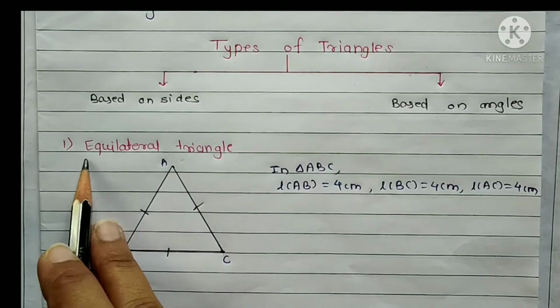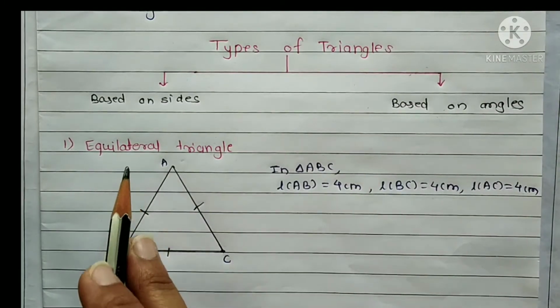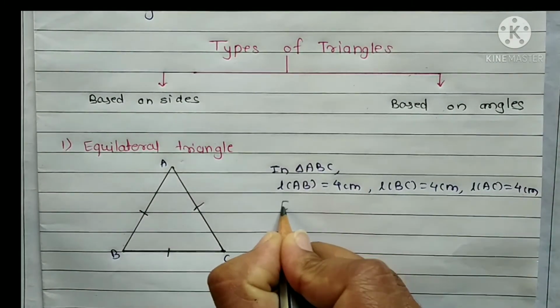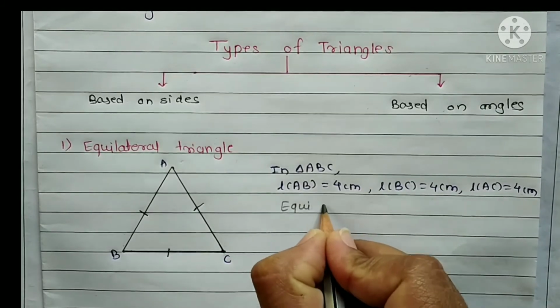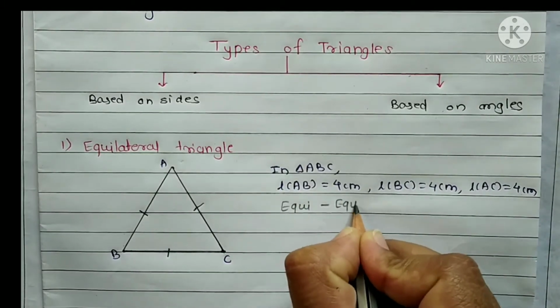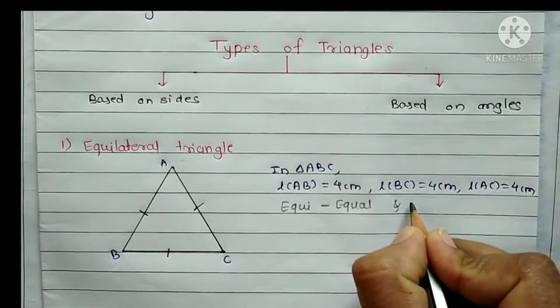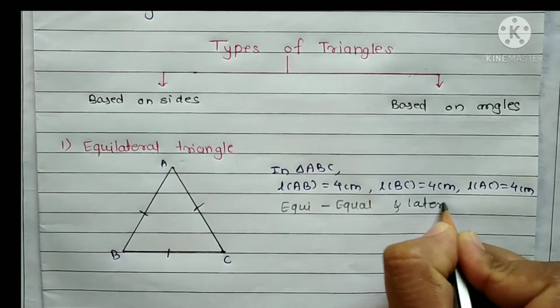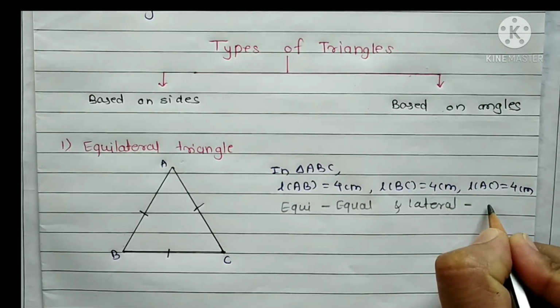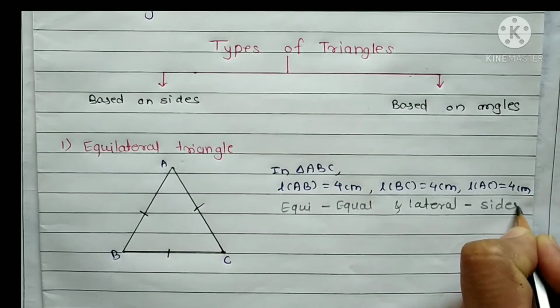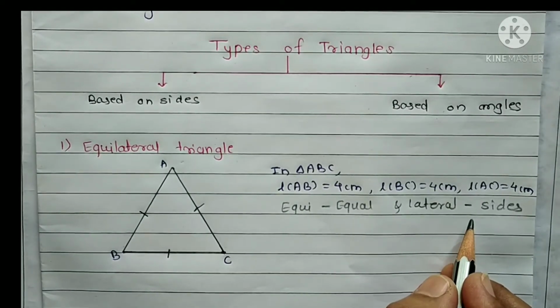The word itself tells you that equi means equal, and lateral means sides, that is equal sides.